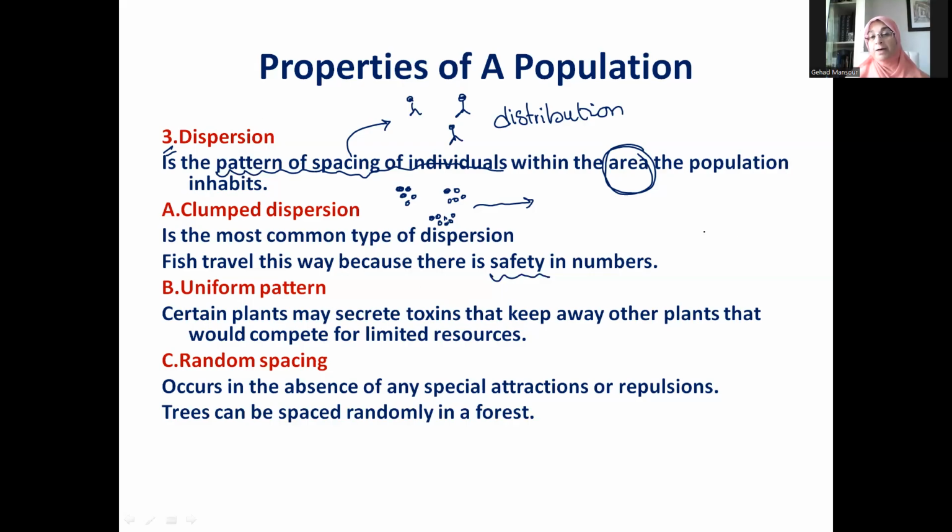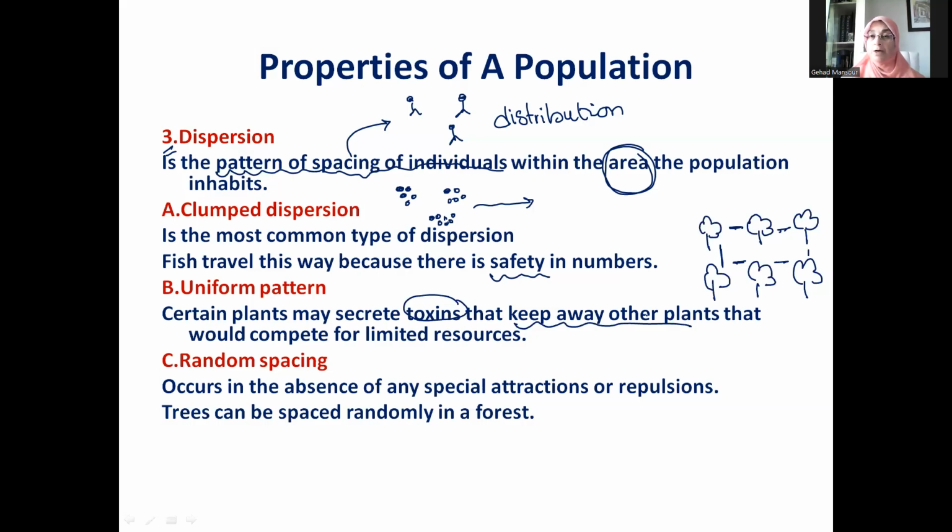The uniform pattern is when, for example, you find in a particular forest wild trees that are not cultivated by human beings and that are equally spaced. So we have regular spaces between the plants, and this is because these plants usually secrete chemicals that keep away other plants.